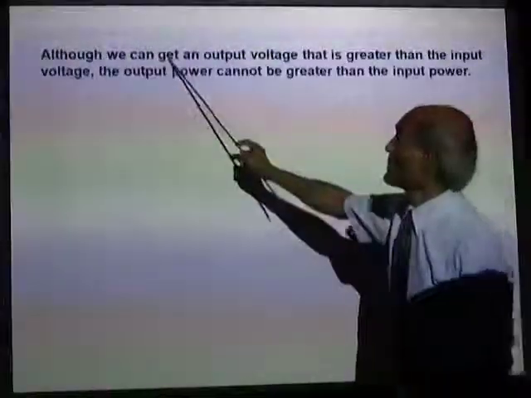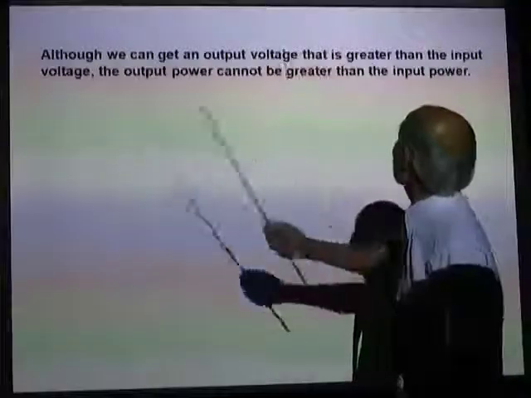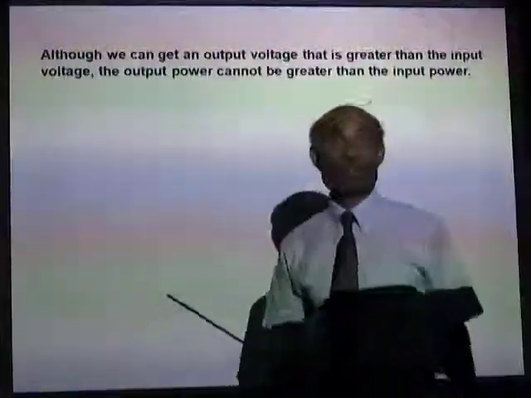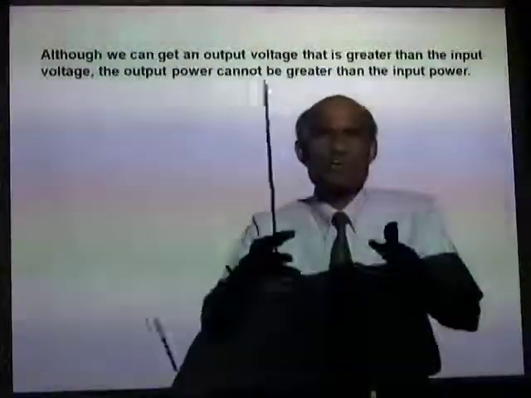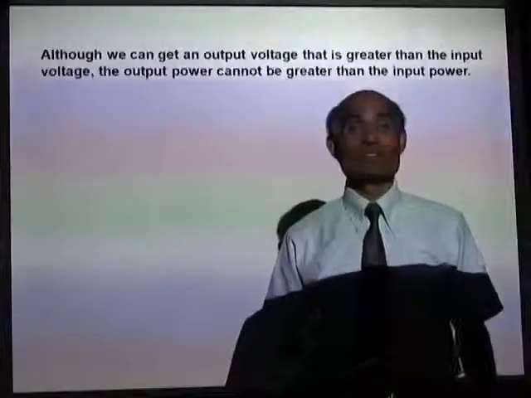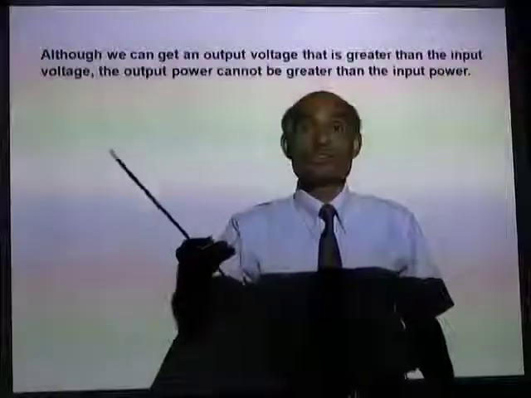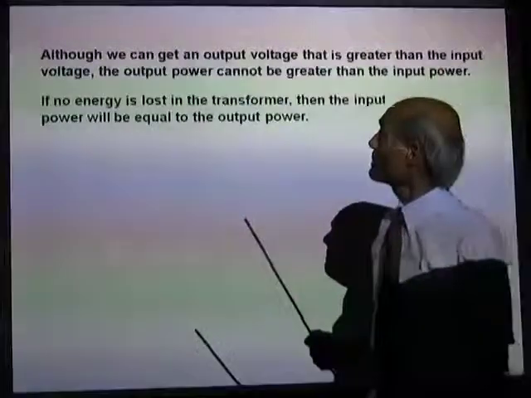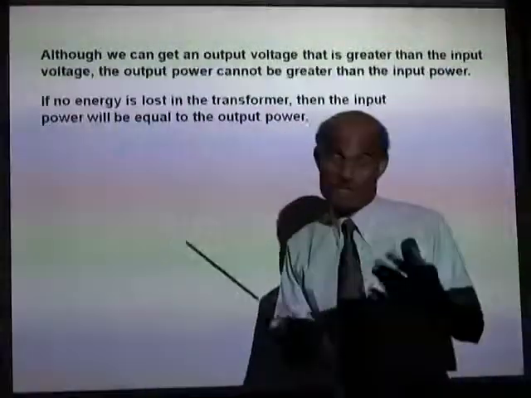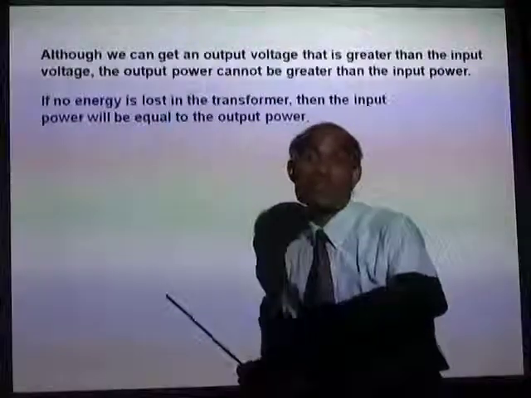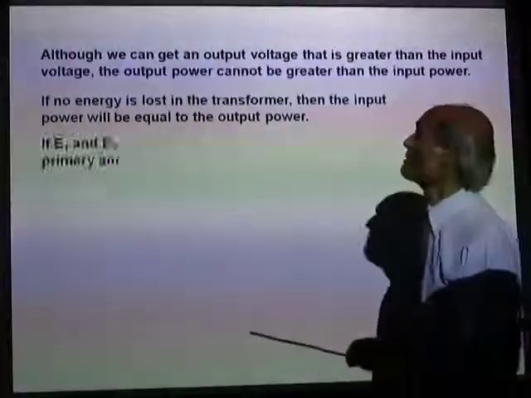Now, we can get an output voltage that is greater than the input voltage. Does it mean that the transformer is creating energy? Well, the total energy cannot change. The output power can never be greater than the input power.